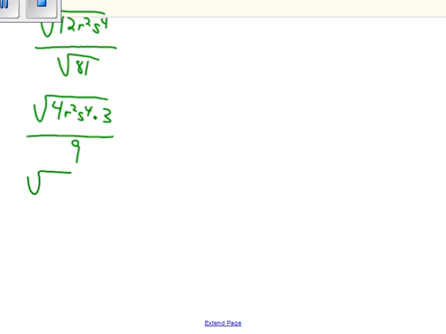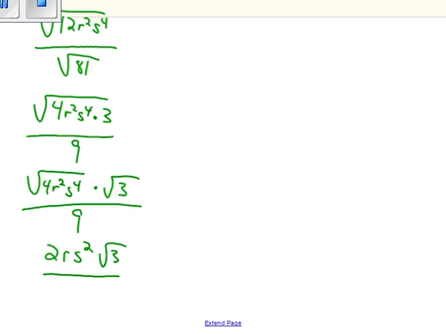And then I'm going to use my square root of a product property. Root 4r squared s to the 4th times root 3 over 9. And then final answer is going to be what? 2r s squared is correct. Root 3 over 9. Okay.